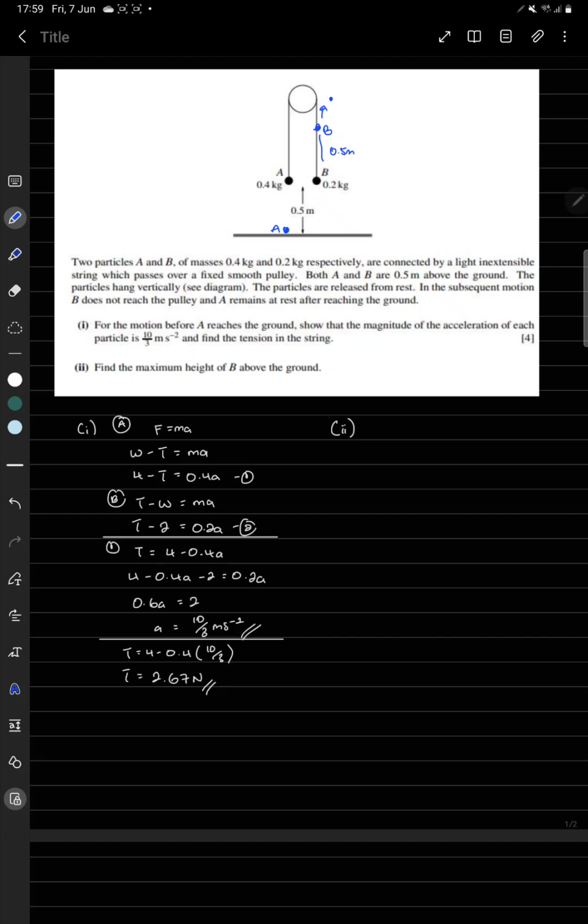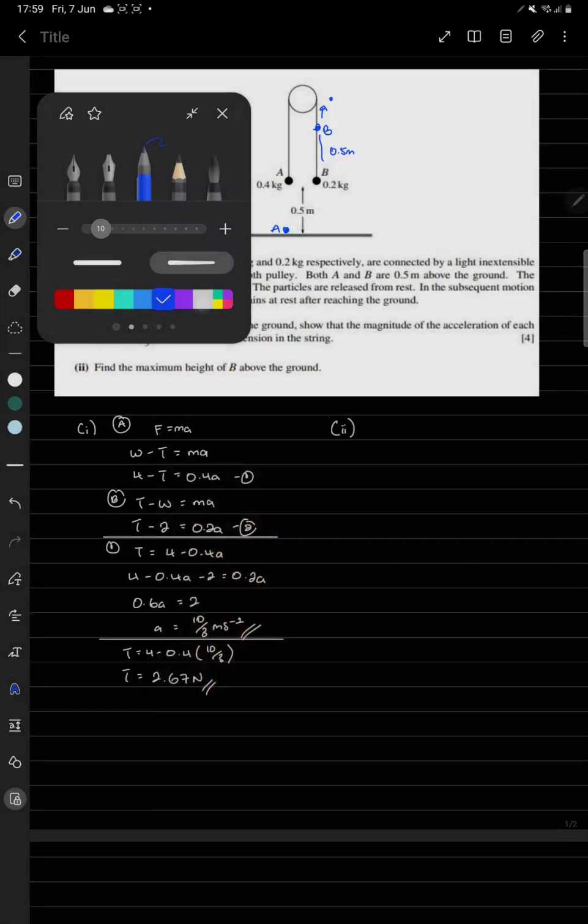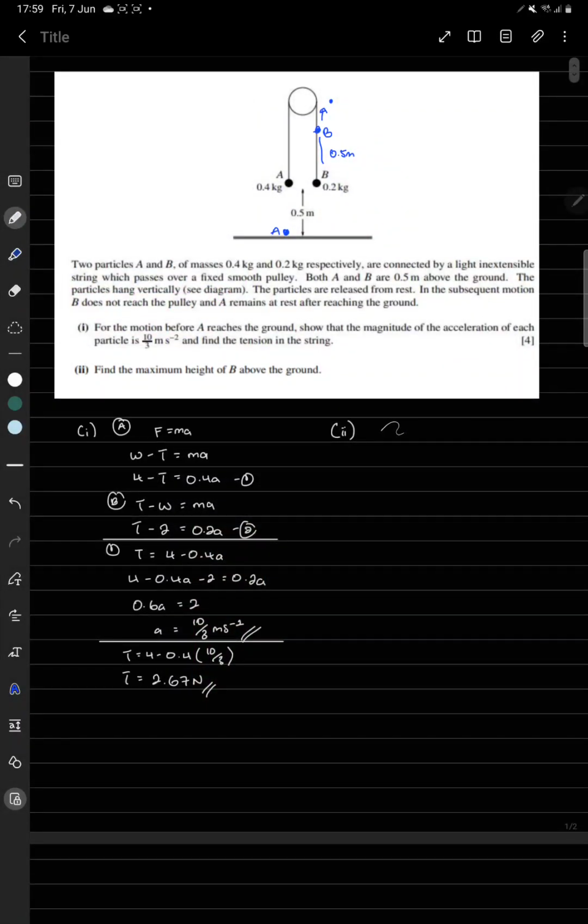Okay, but let's first find the velocity here. The final velocity is going to be the initial velocity for the next phase. So let's use the constant acceleration formula: v squared equals u squared plus 2as. Now we're going to find v.